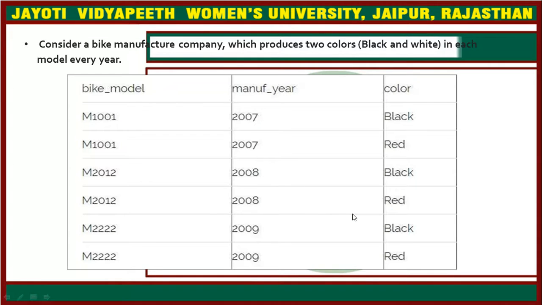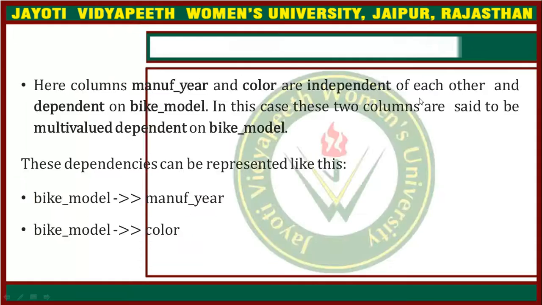Now consider a bike manufacturer company which provides two colors, black and white, in each model every year. You see this table, this is the bike model, this is the manufacturer year, and this is the color. Here columns manufacturer year and color are independent of each other and dependent on bike model, right? So in this case, these two columns are said to be multi-value dependent on bike model.